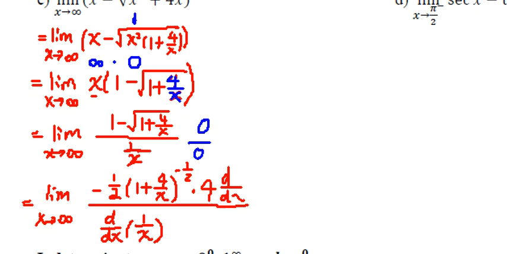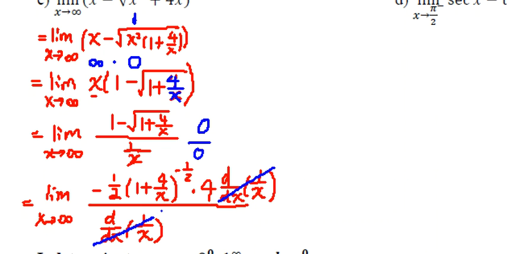I pulled the 4 out as a constant. Do you see that these two are identical and you can actually cancel? When I look at the previous step, I foresee that this will be cancelled. That's why I did not find the derivative of this one, but it can be done.